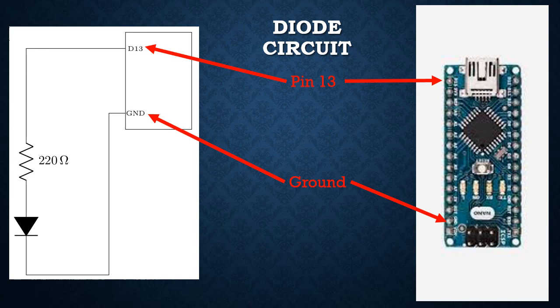So it's in the same row as the wire, row 22. Then you take the other end of the resistor, and let's say you put it into row 24, say 24C. Okay, so it's in a separate row. Then you take the anode leg, the long leg of the diode, and you insert it into one of the holes in row 24.